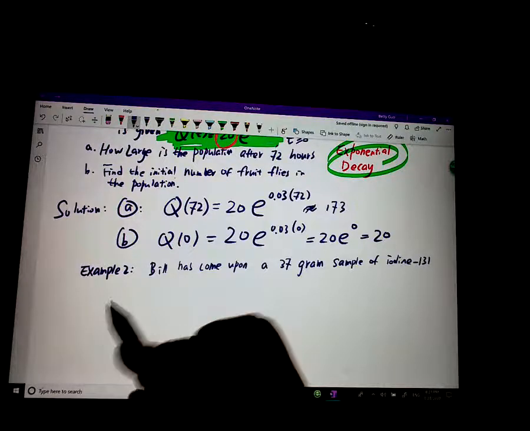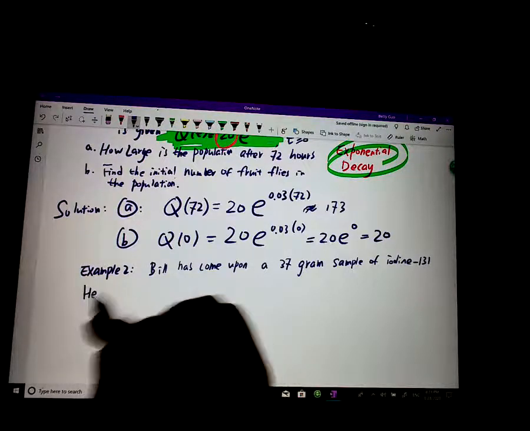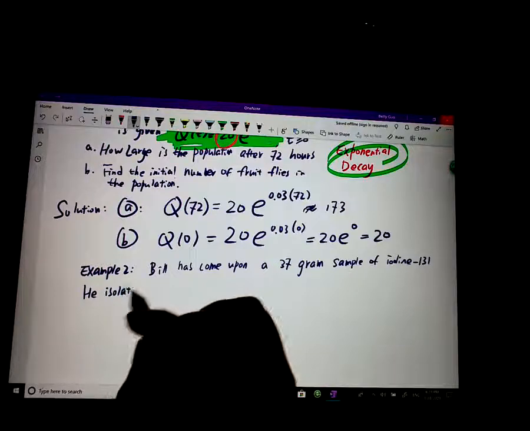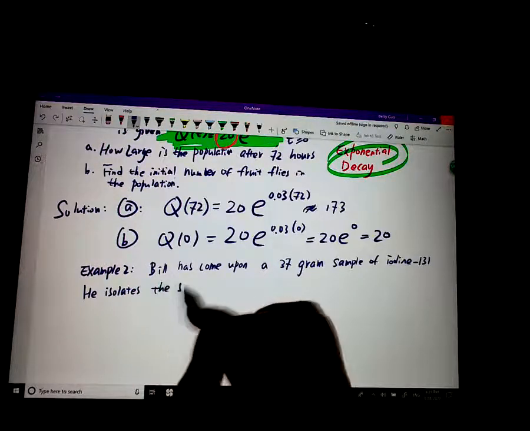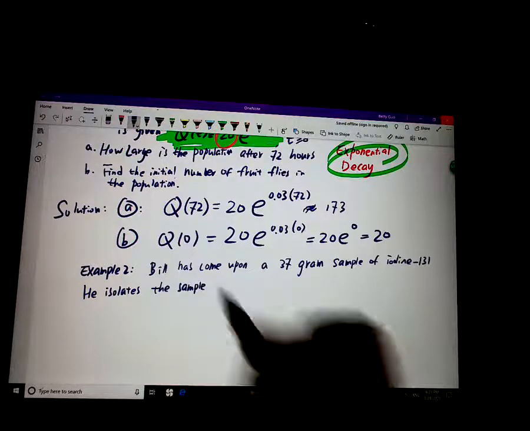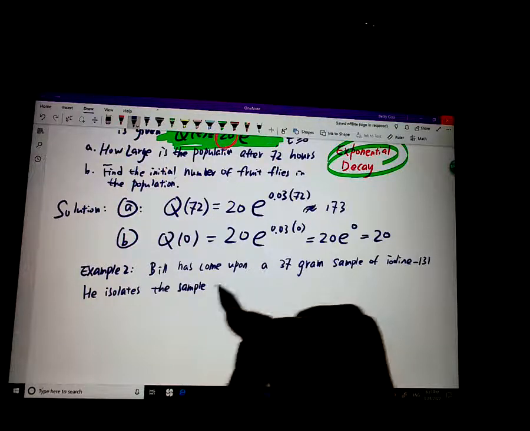He isolates the sample and waits for 2 weeks.